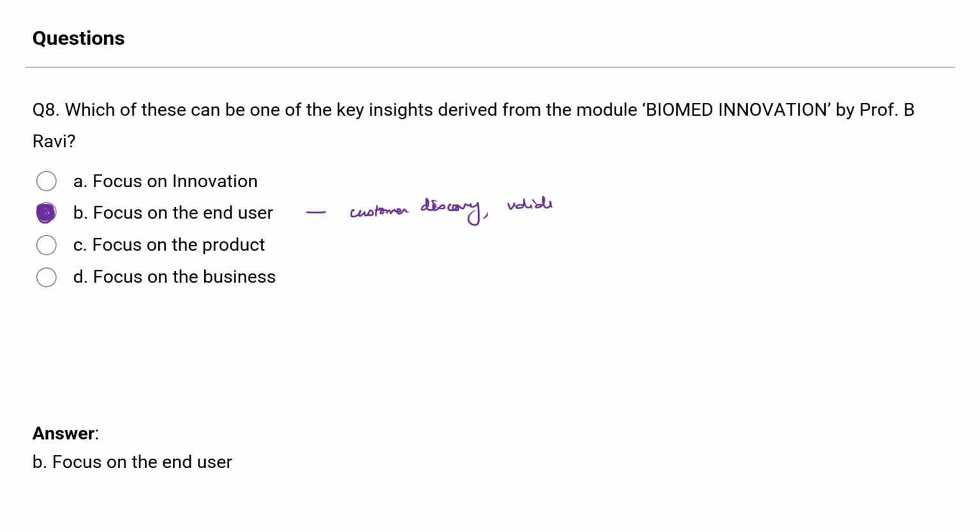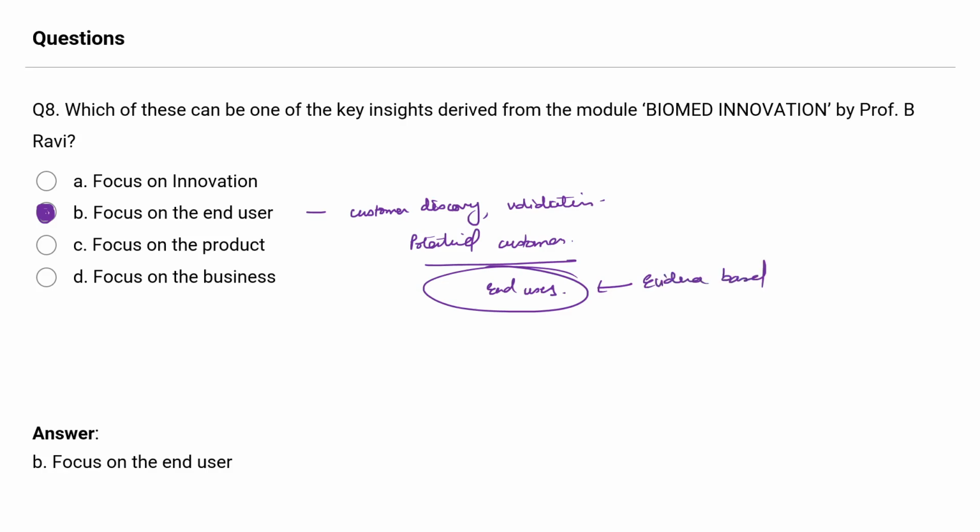We are using these types of terminology. Potential customers. Up till now, we have been using these terminologies because end user is very, very critical. It's very, very critical in the evidence based entrepreneurship. So the correct answer is focus on the end user. All right.